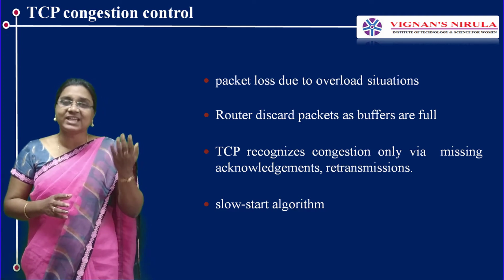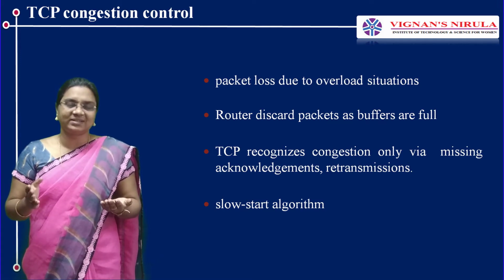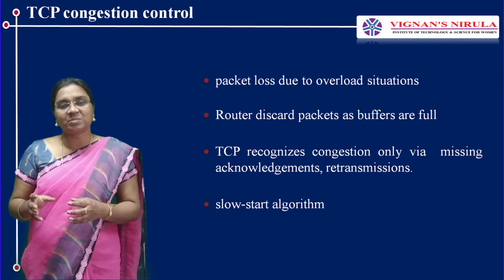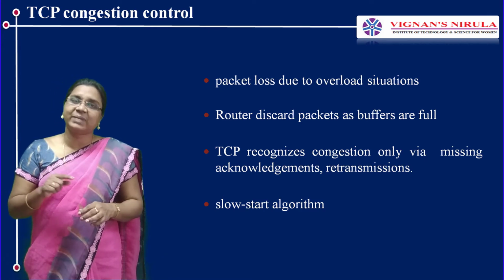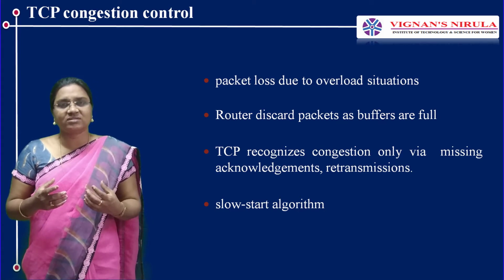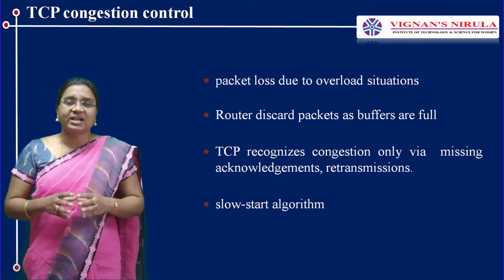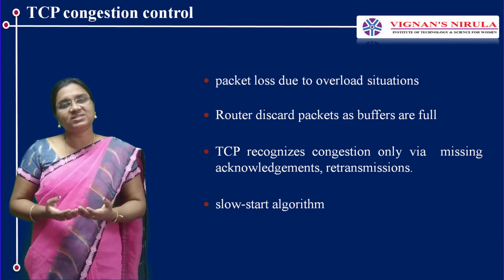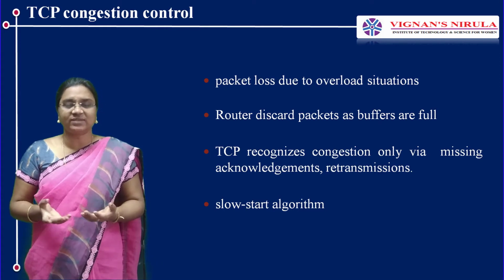But if we use the same wired TCP in a wireless network, then whatever the reason behind the packet loss, it just thinks it is only because of congestion, and it makes the congestion window 0. Without knowing the reason, if TCP just makes the congestion window 0, that means we are not utilizing the full capacity of the network. So efficiency is not achieved.